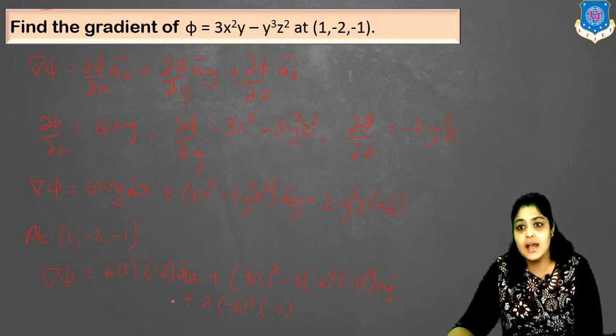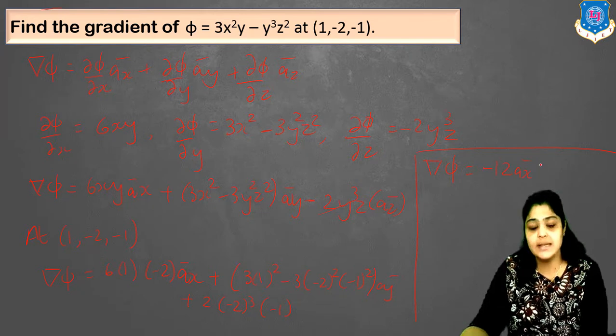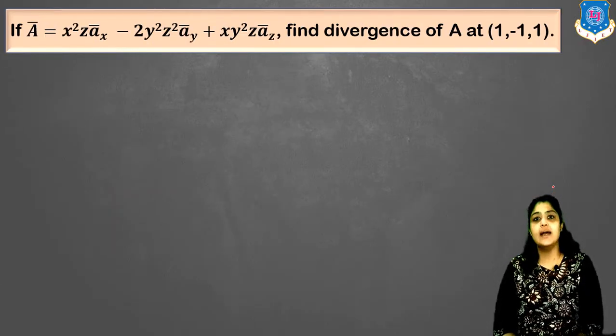So this gives me the answer: minus 12 a_x minus a_y minus 16 a_z. The answer. Let's move ahead and find out.